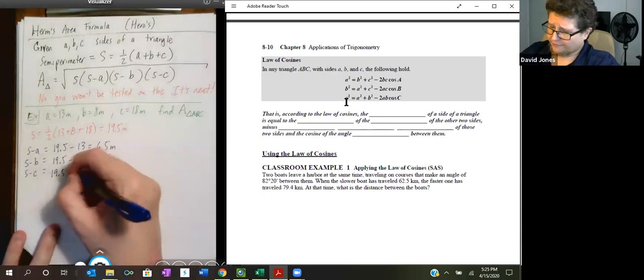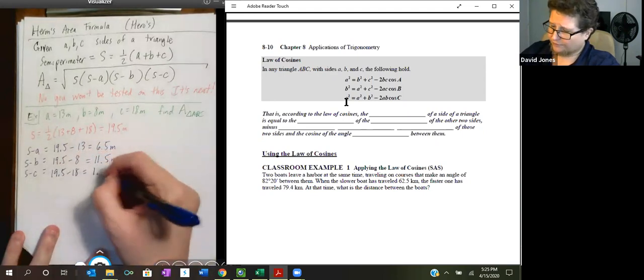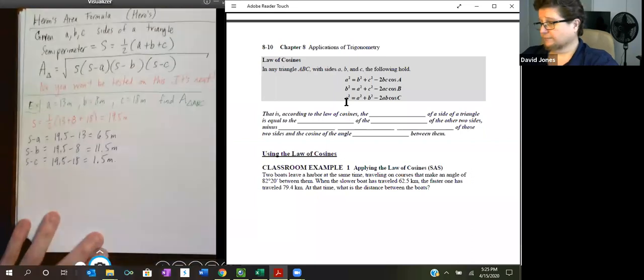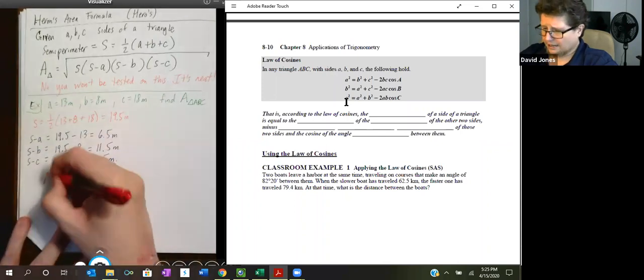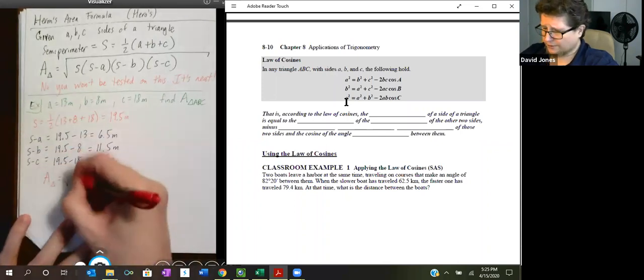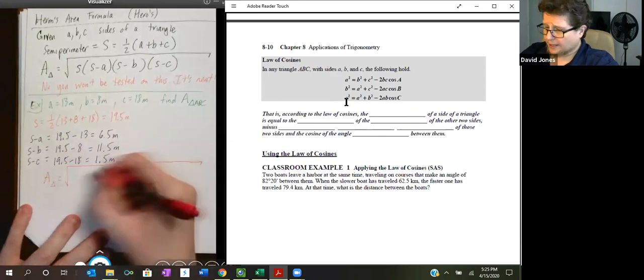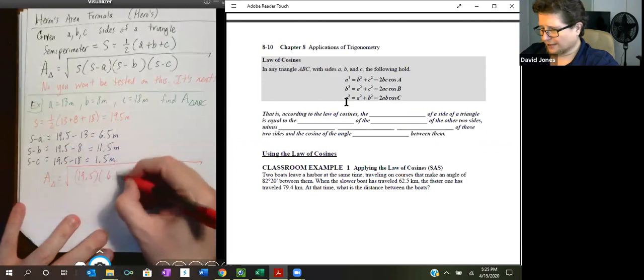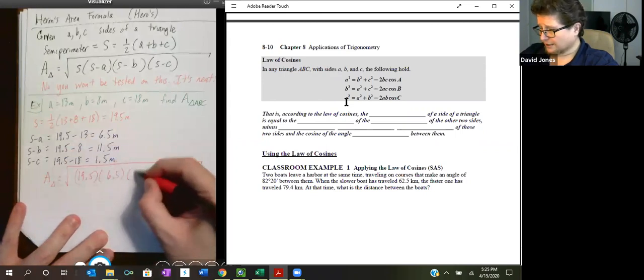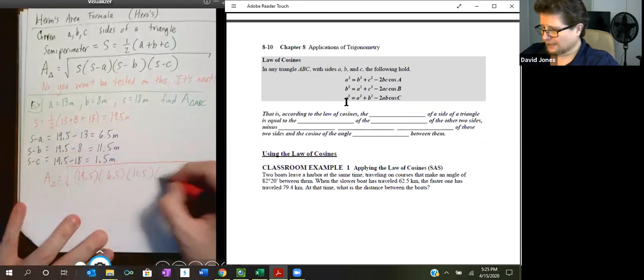And 19.5 minus 18 is 1.5 meters. The area of the triangle is the square root of 19.5 times 6.5 times 11.5 times 1.5.